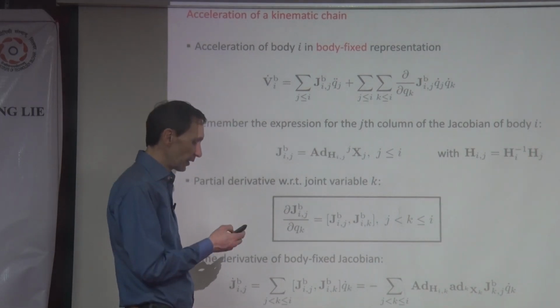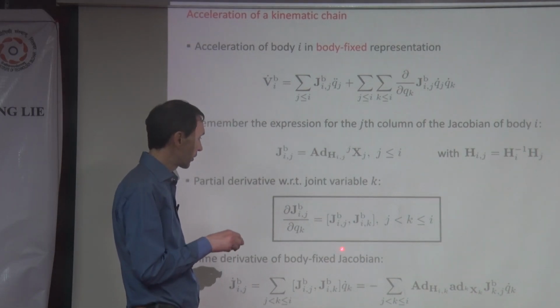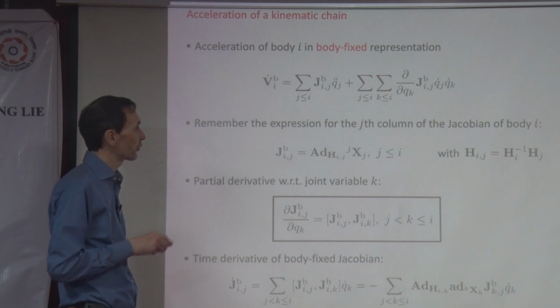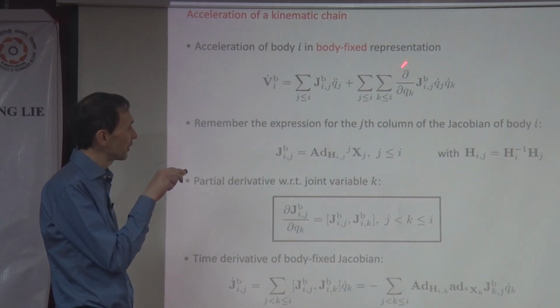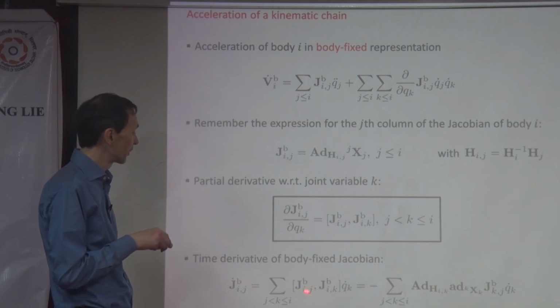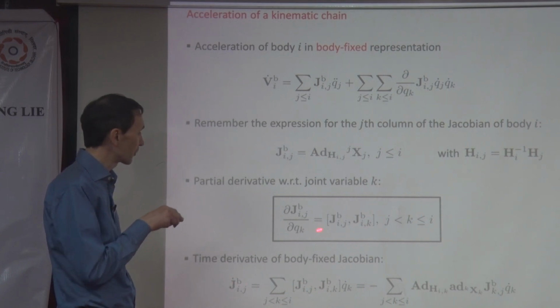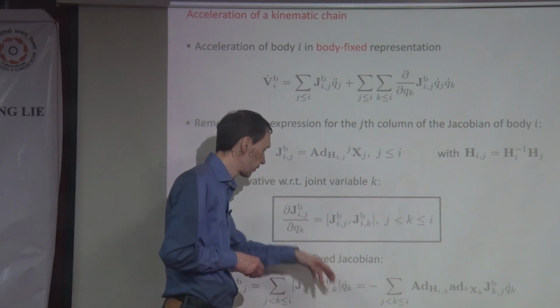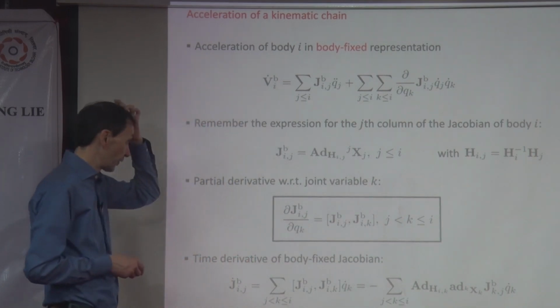Okay, and now, if you sum up the partials, then you get the time derivative of the Jacobian, because essentially what we had here was an expression for q dot, and that is simply the sum of all these partials times the q dot. And there we go.